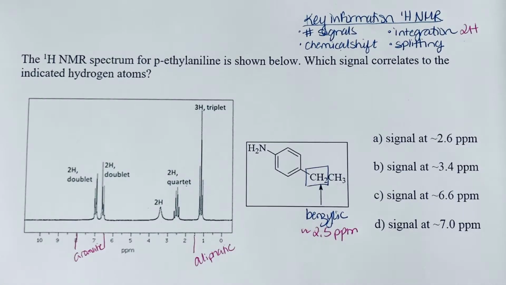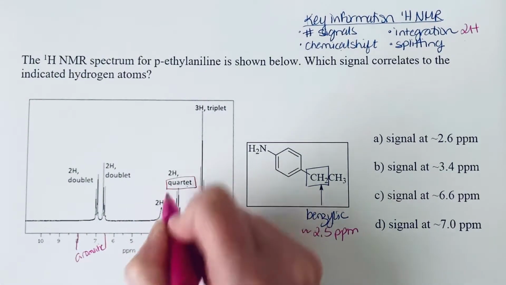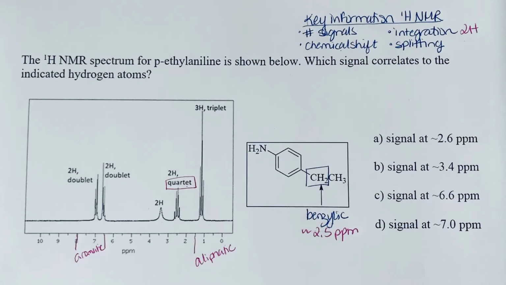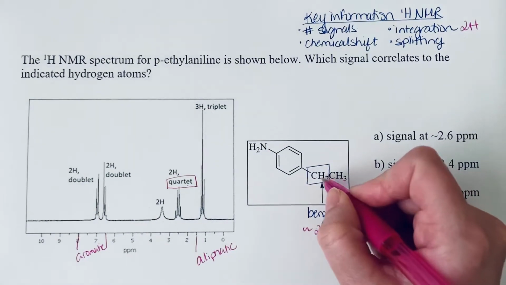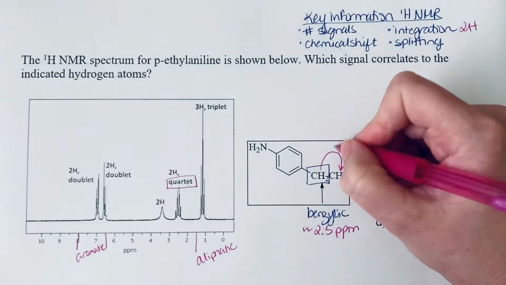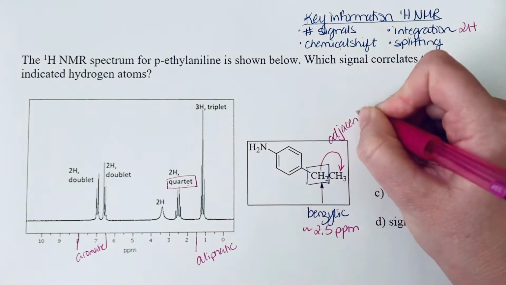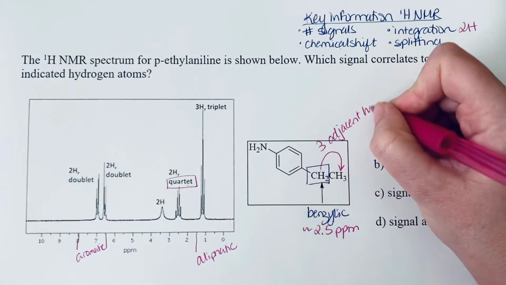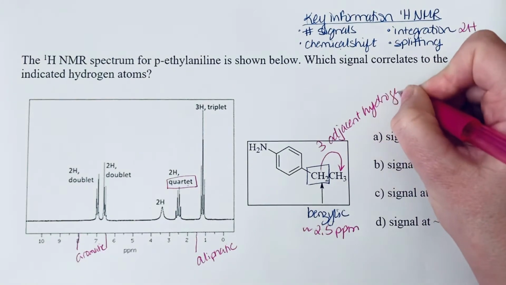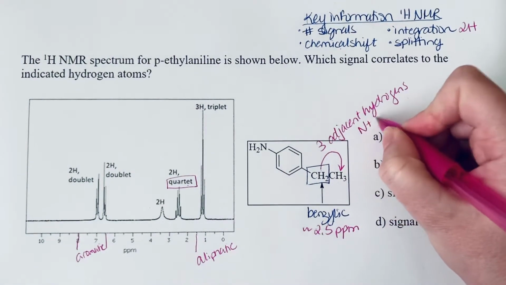A key thing to distinguish these: the chemical shift is pretty clear that it's this one, but the other key information here would be that this is a quartet. That splitting tells you about the adjacent hydrogens. If we look at these 2 hydrogens, they are going to be adjacent to those 3, so we have 3 adjacent hydrogens. And the rule for splitting of a signal is n plus 1.